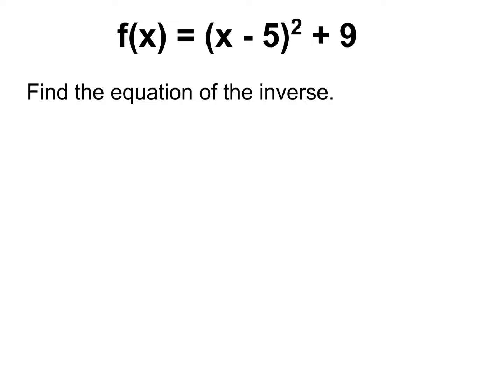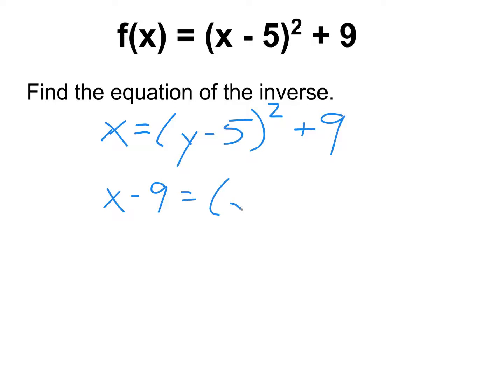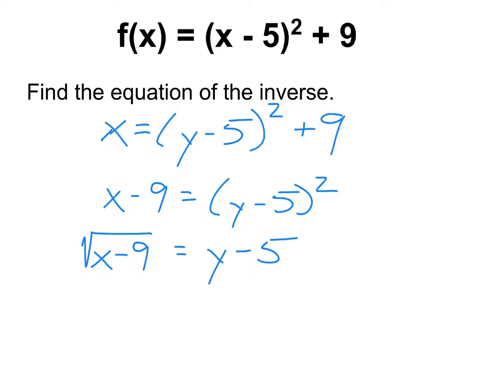And so the first thing I do to find this is I'm going to write x equals y minus 5 squared plus 9. And then you're going to solve that equation for y. Make it y equals. And so we end up taking the square root of both sides.